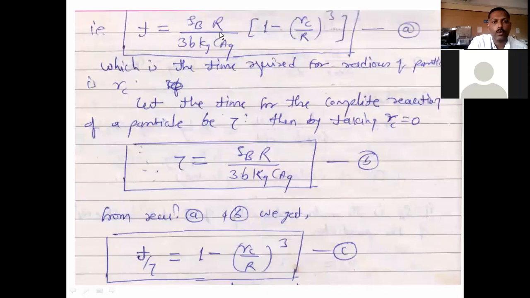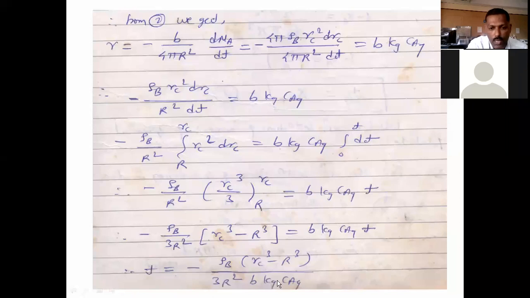Then again we solve this equation: t equals ρ_B R upon 3b k_g C_Ag. In this equation R squared is there, so we take R cubed as common, and then R squared in the denominator will be cancelled, so R will be remaining.